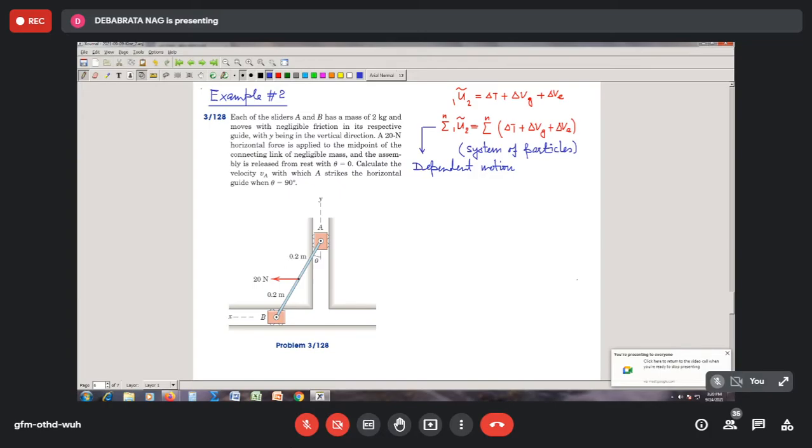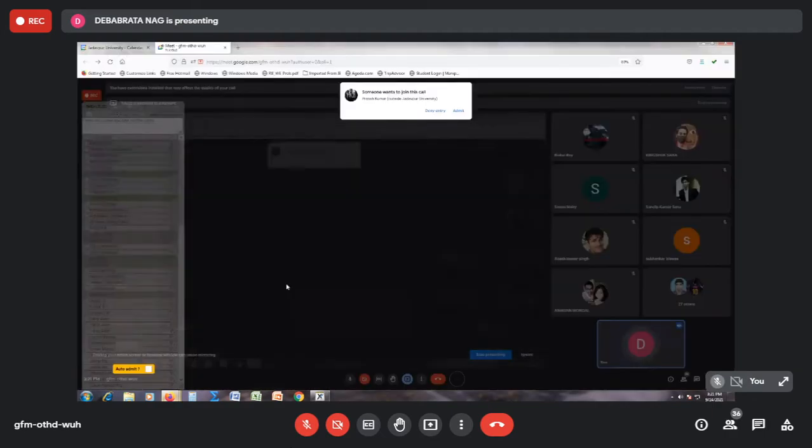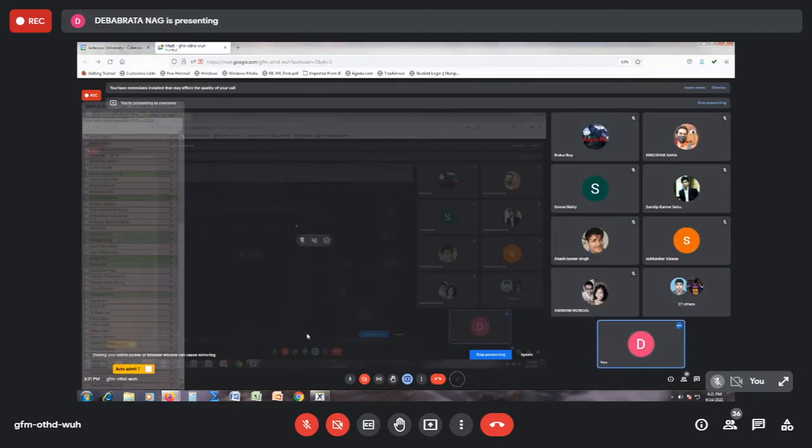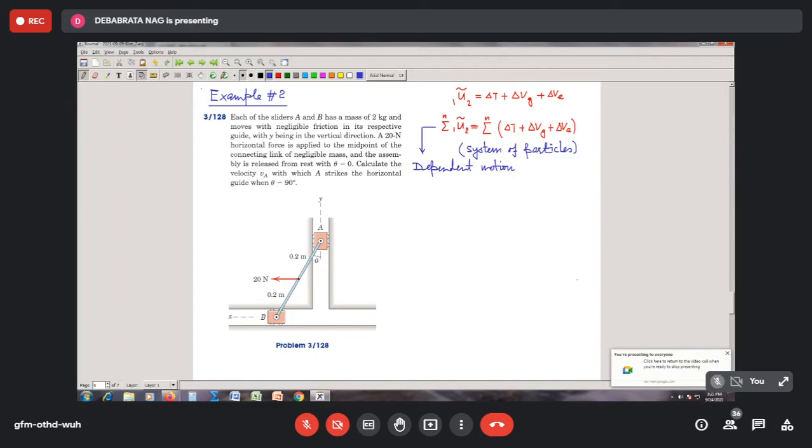But when we study the chapter of system of mass particles, which will be our last chapter in this module and the foundation chapter for dynamics of rigid bodies, we will have to discuss this problem of dynamics of group of particles from a more general point of view, meaning that the particles may not have dependent motion. All those particles will have independent motion.